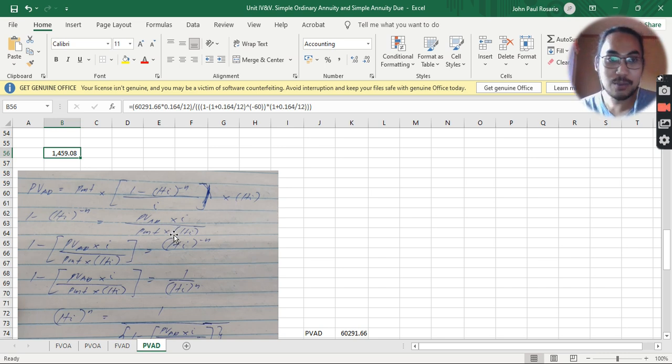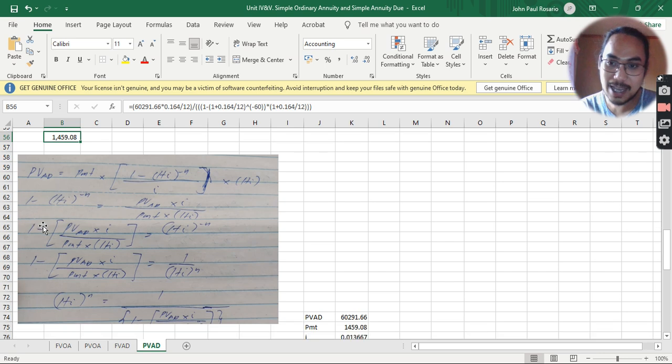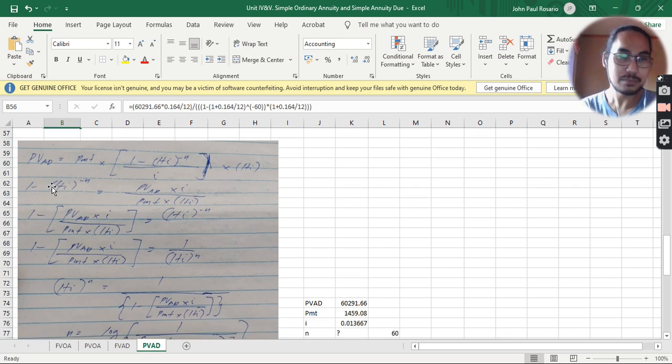Now we are left with this expression na 1 less 1 plus I raised to negative n on the other side. So to change our operation from negative to positive, we transfer this one to the other side. So, namin mo na siyang positive 1 plus I raised to negative n. And all this expression will be transferred to the other side. So, may mo siyang minus PVAD times I over payment times 1 plus I.